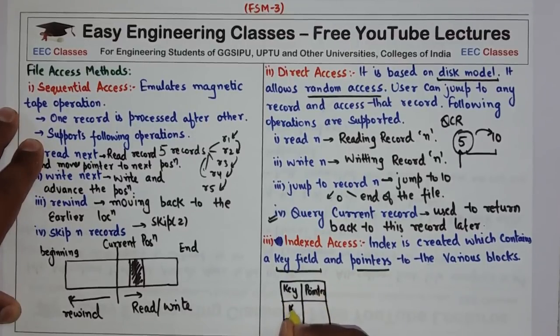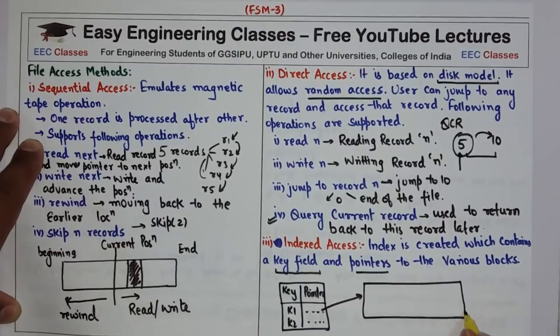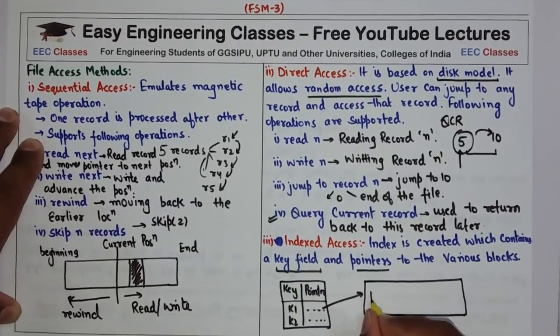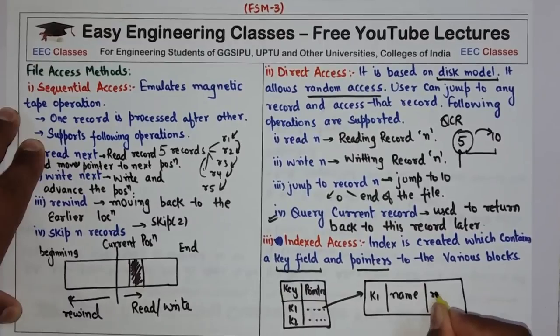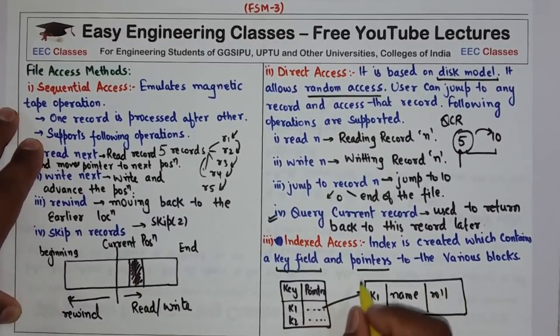Suppose key fields are like this: K1 and some location, K2 and some location. And these pointers are actually mapped to the memory at which the file is stored. So the entry for this file is at this particular location with all the entries like name, roll number, etc. So this is based on key field and pointer.